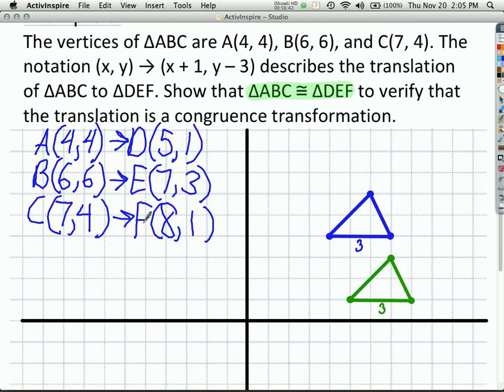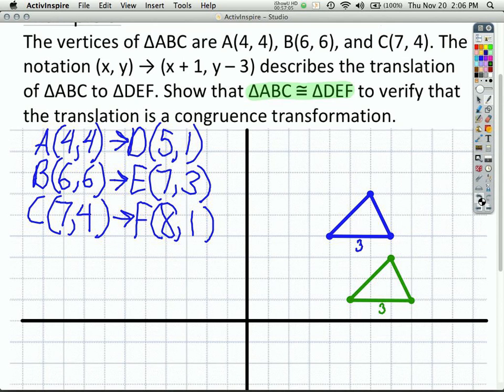So we'd have to do 4 more distance formulas. That's a lot of grunt work. We could do it. Doesn't sound like much fun, though. We could do it. But let's be creative and let's explore it in a different way. What could we say? Let me see if I can do this.